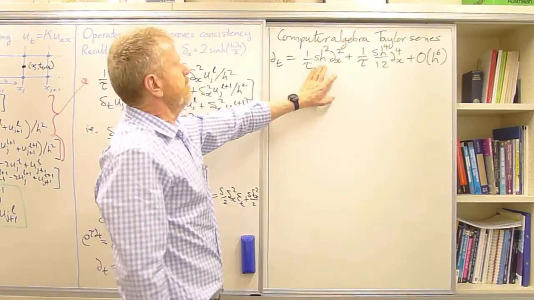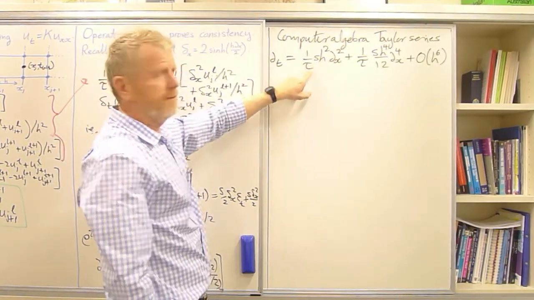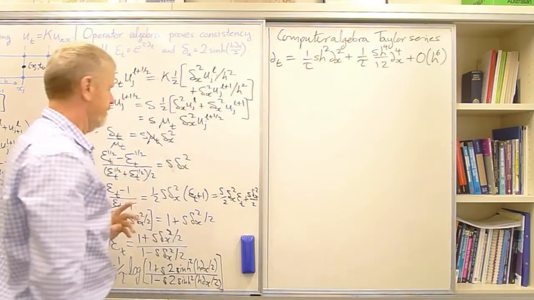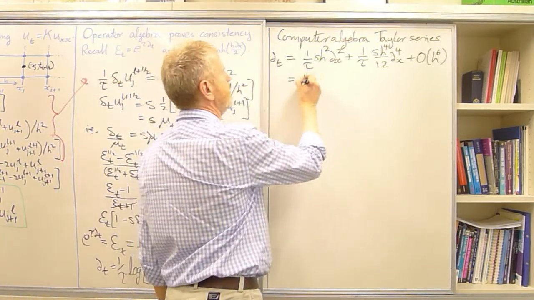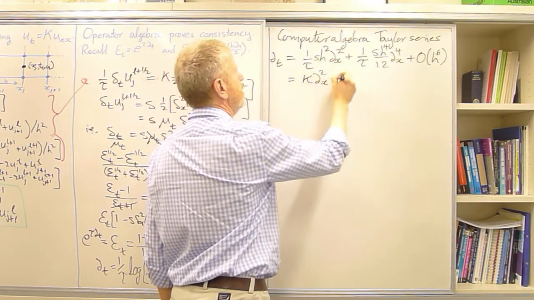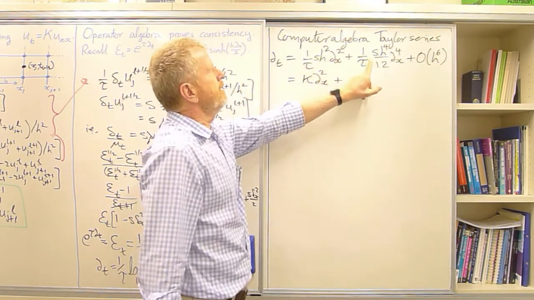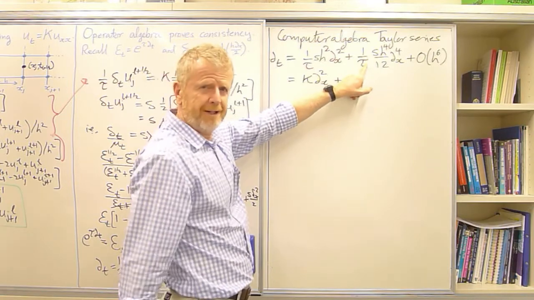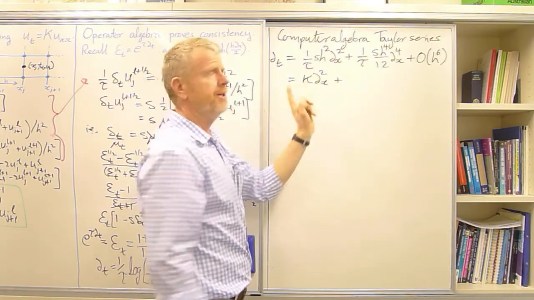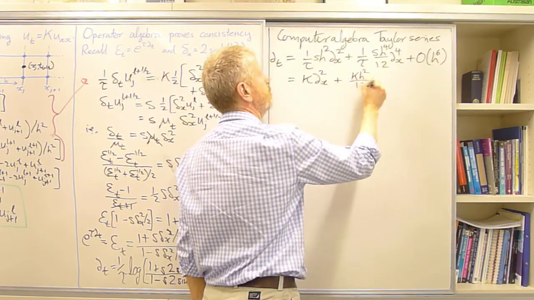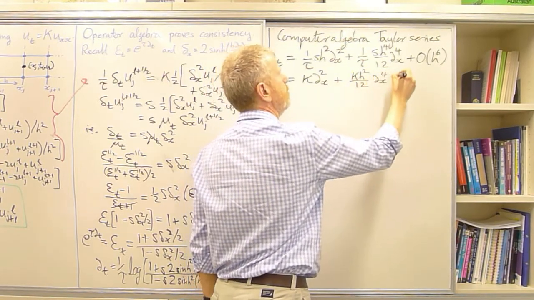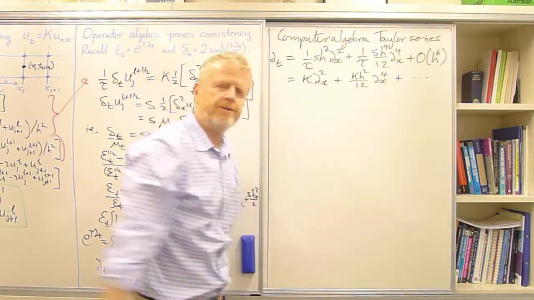Now we simplify this a bit because s h squared over tau is the diffusion constant k. So this is k d by dx squared. Similarly, s h to the 4th over tau is k h squared. So this term becomes k h squared over 12 d by dx to the 4th plus those higher order terms.